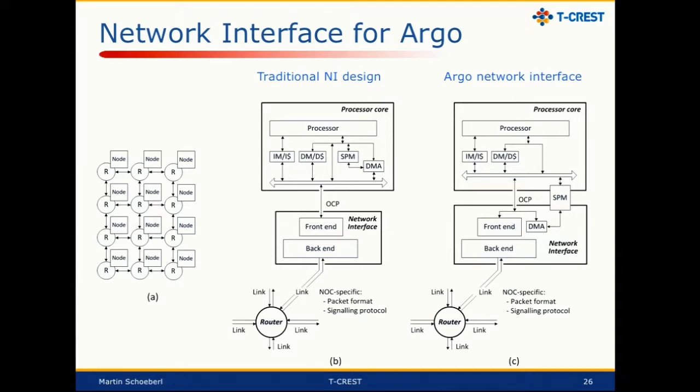So we're moving the scratchpad memory from the processor and the DMA machinery into the network interface, which means this DMA machinery knows exactly about the schedule, and it can be shared with all traffic flows, because it's already doing TDM here as well.